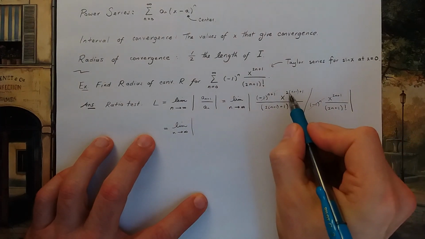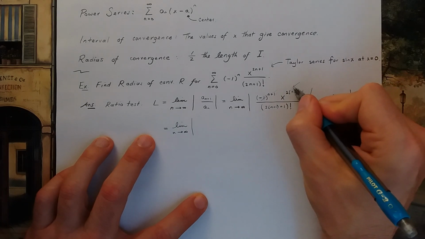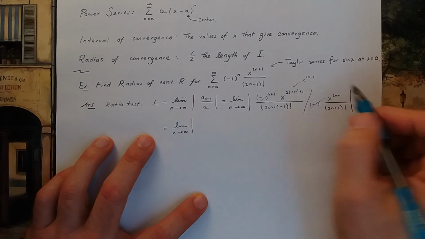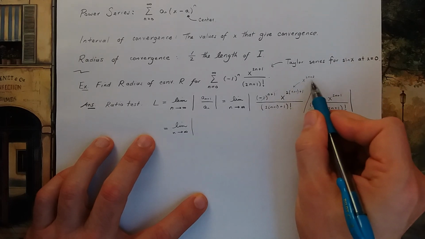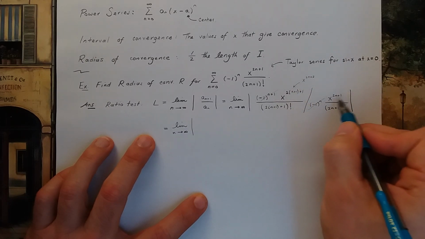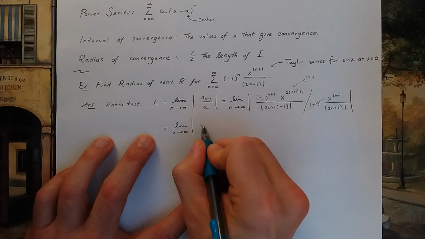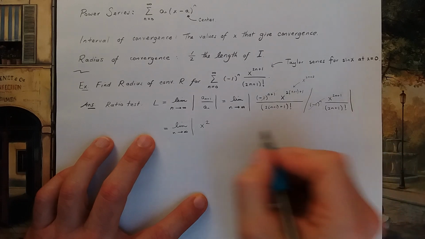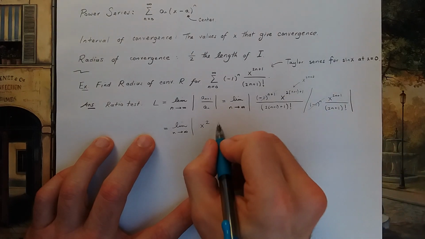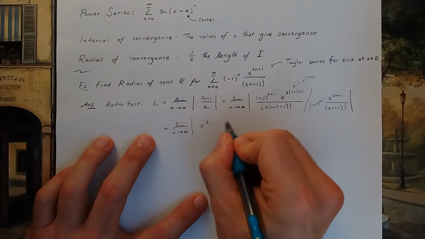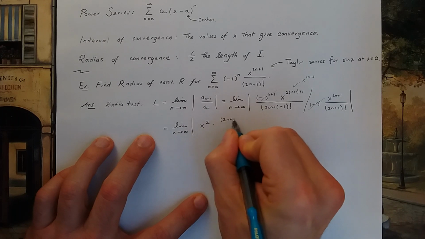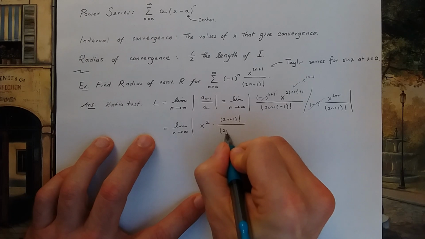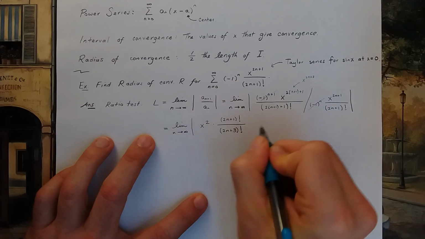This power is x to the 2n plus 3. And I'm dividing x to the 2n plus 3 by x to the 2n plus 1. I think all I'll be left with is x to the 2. Then I believe I'm going to get 2n plus 1 factorial divided by 2n plus 3 factorial.